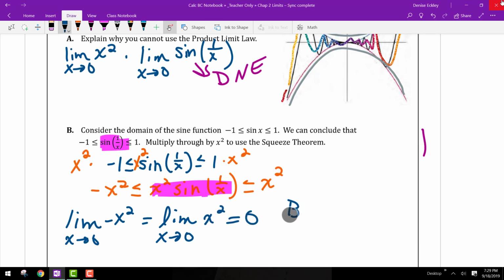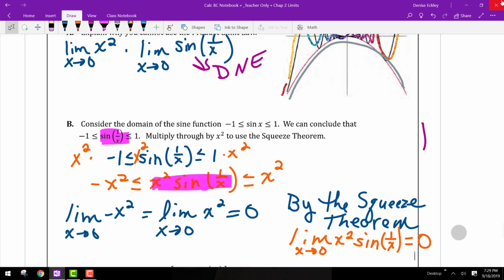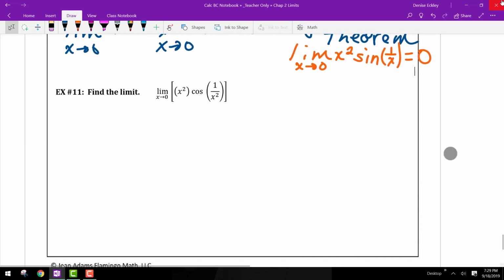So by the squeeze theorem, the limit as x approaches 0 of the function that's squeezed in between them has to also equal 0. So that's how the squeeze theorem is used. Let's do one more example.